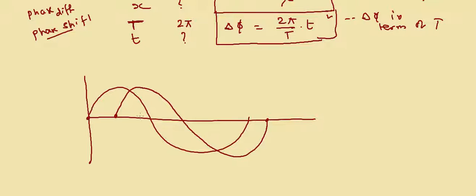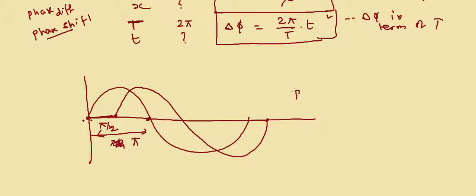So if this distance is, let us say, lambda by 2, or in terms of pi, if this is 2 pi, this will be pi. This will be pi by 2. So there's a phase difference of pi by 2 between the two waves. So this wave is leading this wave by a difference of pi by 2. So this also is known as phase difference.